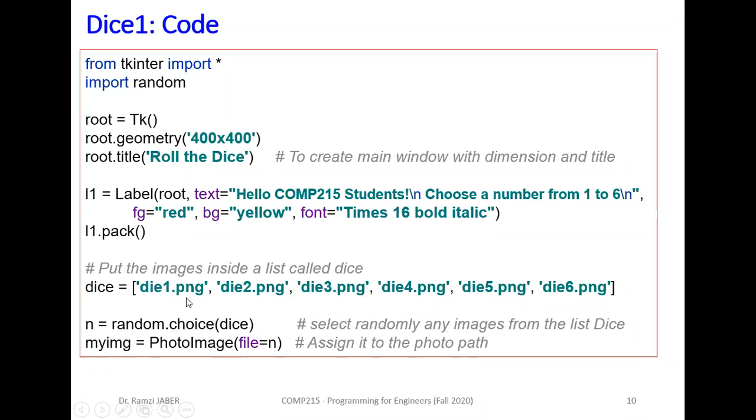Then assign this path to file. My image equal PhotoImage, between parentheses, file equal n. Now n will be a string. The output here is a string. So file equal n assigns one of them to the path of our images. So my image equal PhotoImage, file equal one of them randomly.